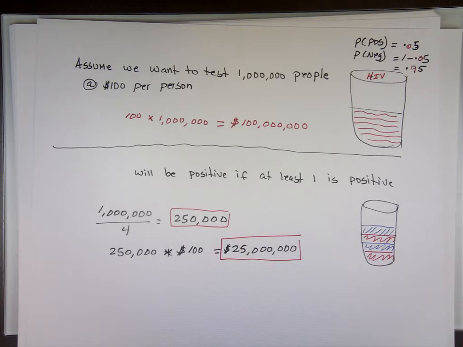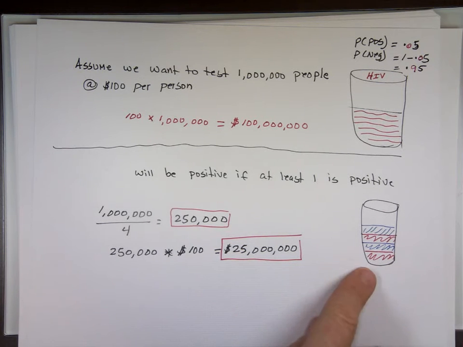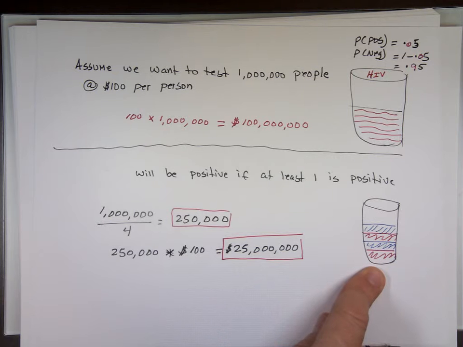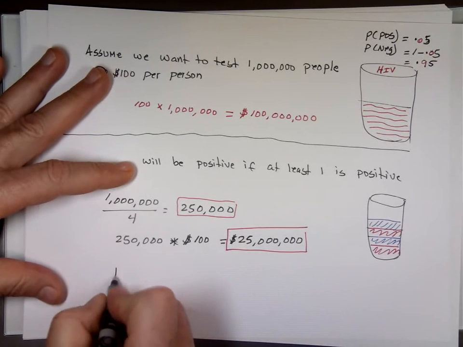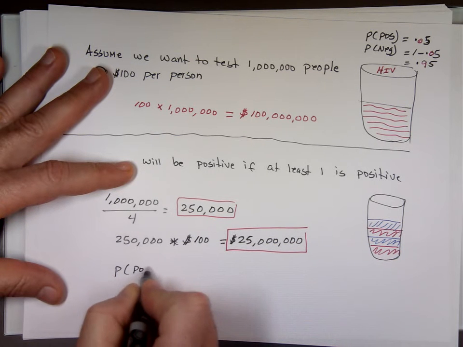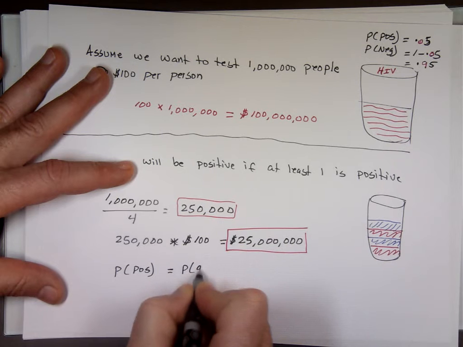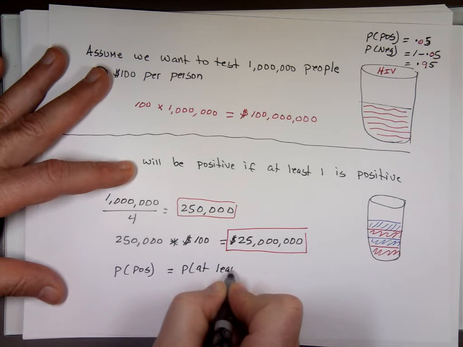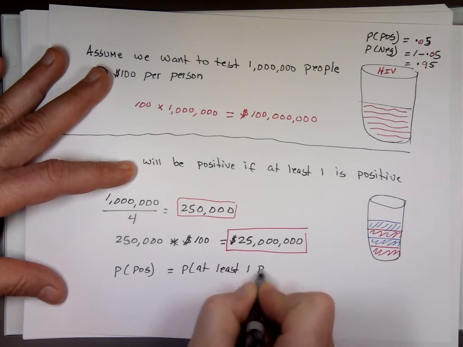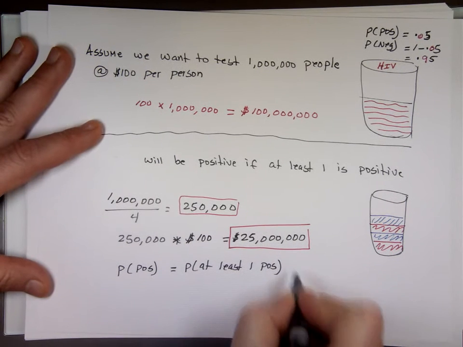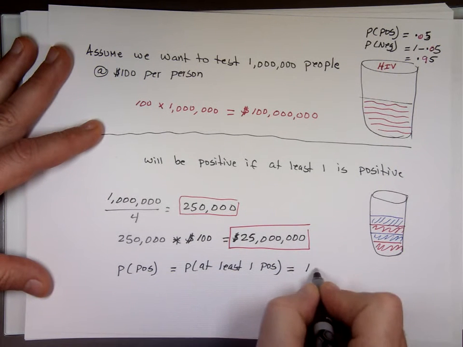So what's the chance that tube will be positive? To be positive, at least one is positive. So the tube will be positive. That means at least one is positive. And for that, I'll do 1 minus the probability of none.